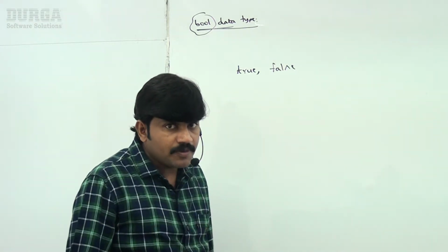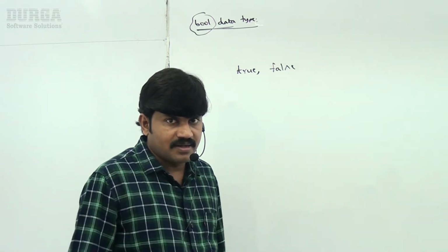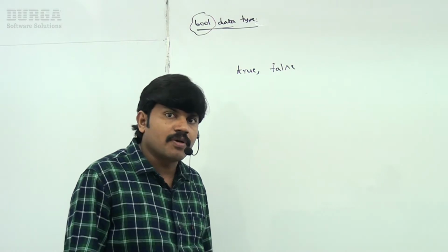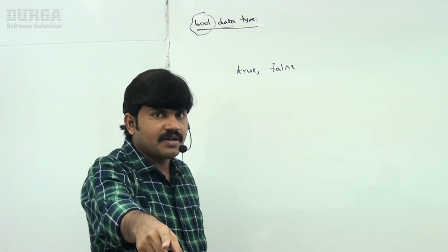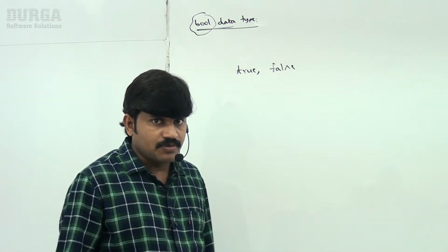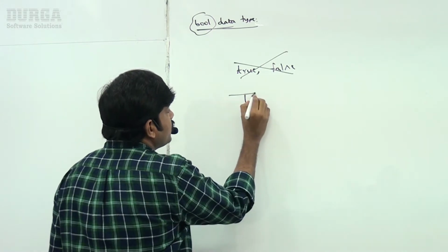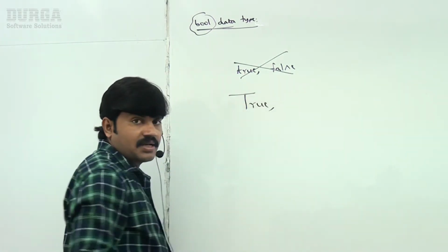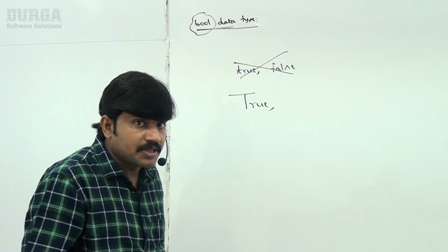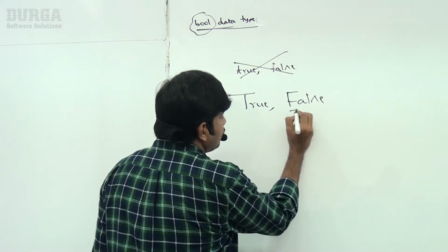The people who are telling yes, I will give left and right. These are allowed values for the Boolean data type in Java and in other languages, but not in Python. Remember this one. In Python, compulsorily, sir, T should be capital in True, and F should be capital in False.